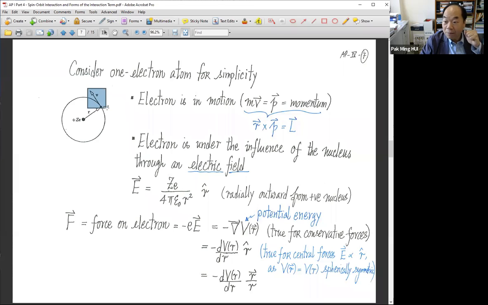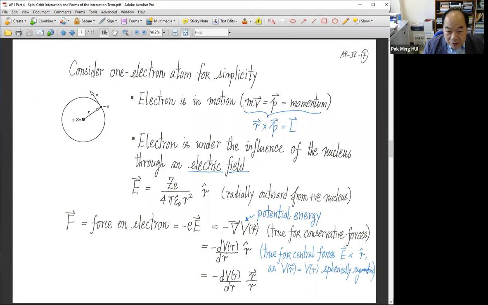This is a vector v, meaning there's a magnitude v, and there's the direction as shown by the arrow. And generally, the nucleus has plus Ze. Hydrogen will be plus e, okay? But for other heavier atoms, it may be plus Ze, where Z is the atomic number.